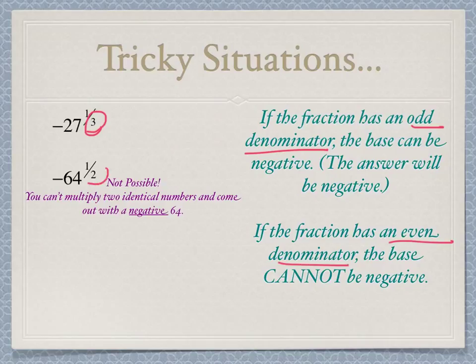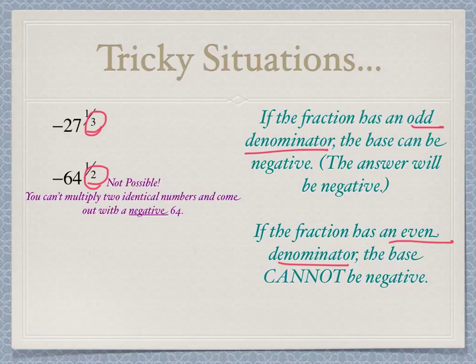But if the fraction has an even denominator, so like the 2 here, and you're breaking into an even number of pieces, an even number of negative factors is never going to make a negative number, right? Because 2 negatives make a positive, which means 4 negatives would make a positive. 8 negatives would make a positive.